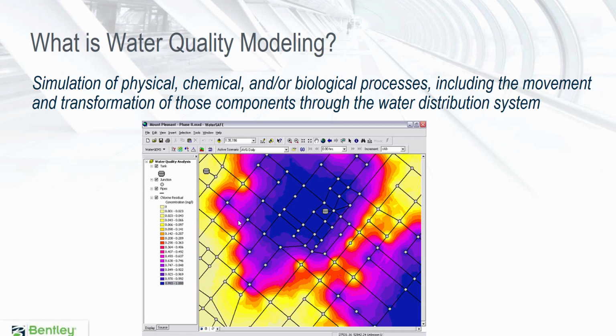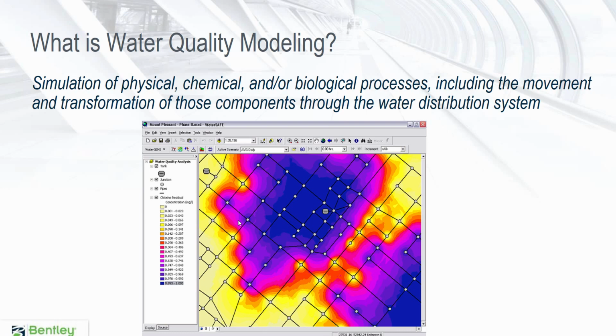But basically, what water quality modeling is trying to do is fill in the gaps from any known data that you have, any sample data points, and paint the picture of what's going on in the rest of your water distribution system, because there's no way you're ever going to know exactly what every single water quality parameter is throughout the entire system.